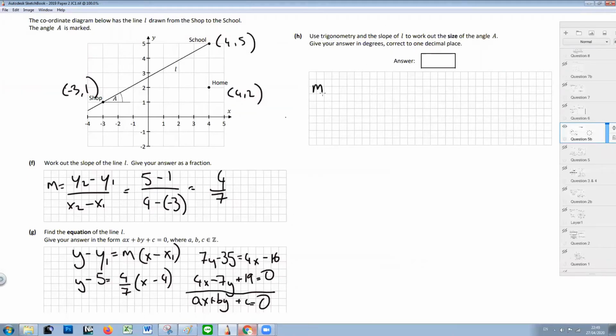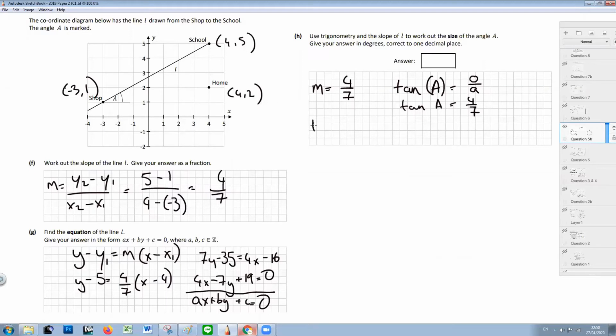So we know that m is going to be 4 over 7. So the tan of alpha, or if you don't use alpha, if you just use A or something like that, the tan of the angle is equal to the opposite over the adjacent. Or tan of alpha, you can just say is equal to 4 over 7, because in this instance, it's up 4 and over 7. That's one way to do it.